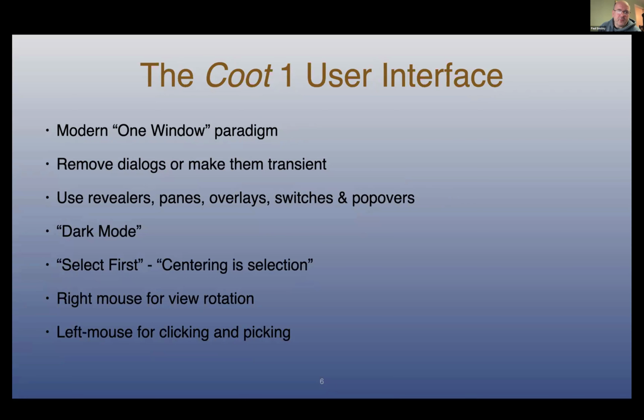Instead of having multiple dialogues, which plagued olden Coot, more modern Coot now follows the one window approach, and so it removes dialogues or makes them transients if they couldn't get rid of them. But generally I tried to, as the GUI was rewritten for the new version of the widgets. So I'm using revealers, panes, overlays, switches, popovers, which is a modern way of using an interface.